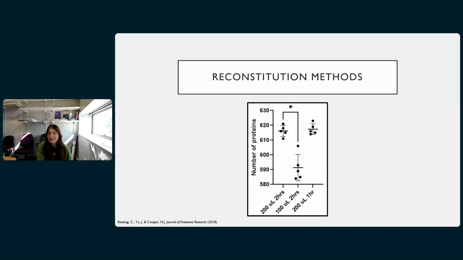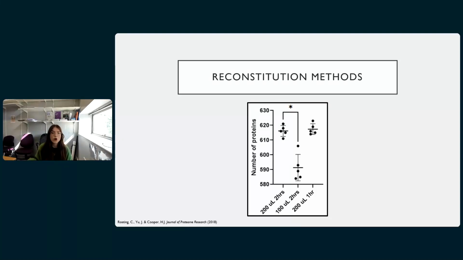So once I'd identified that ammonium bicarbonate was going to be the method that I personally was going to continue with, I decided to just test a couple of variations on this method to see if it could be further optimized. The 200 microliter reconstitution volume incubated for 2 hours with gentle shaking was the method that I sourced from the literature.